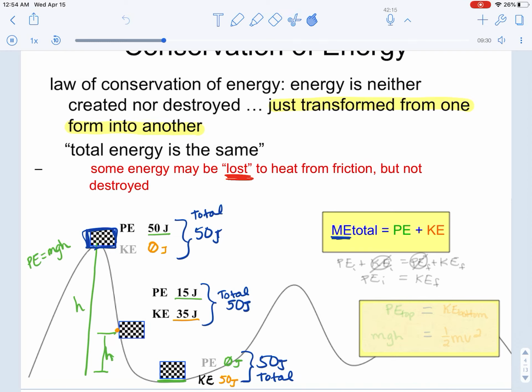Therefore, all of that energy must have been transferred somewhere. Assuming that we are ignoring friction, then all of the energy must have been transferred into kinetic. So that's why we have a kinetic energy of 50 joules down here at the bottom. This also means this is the moment where my object is moving the fastest, because remember, kinetic energy is based off of the amount of velocity that my object has.